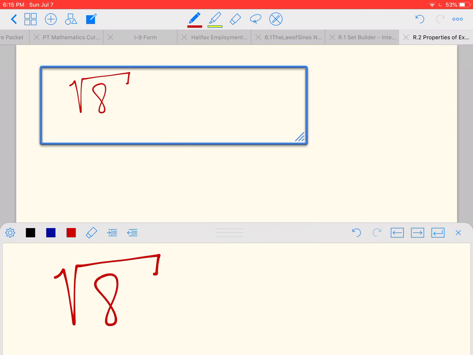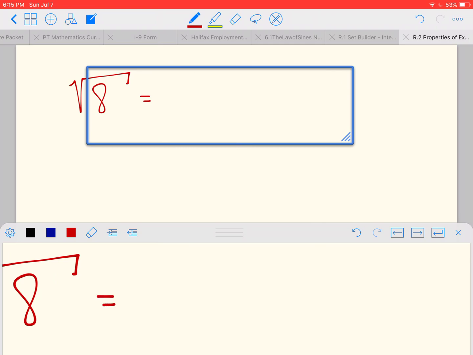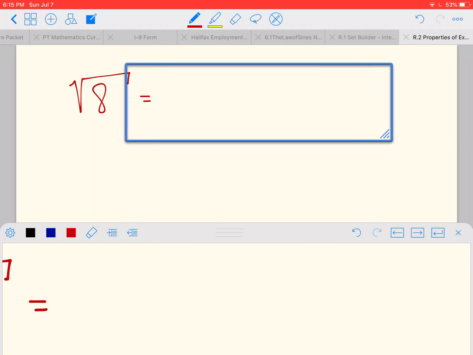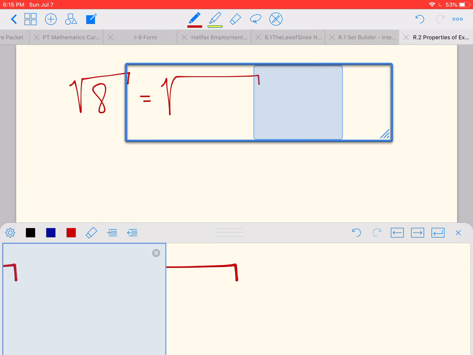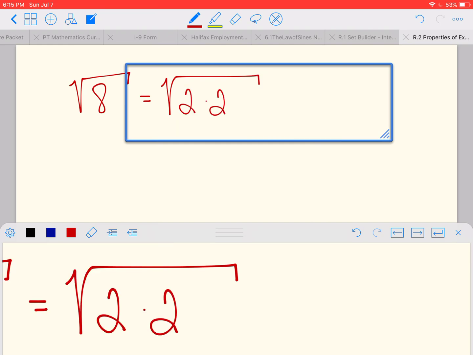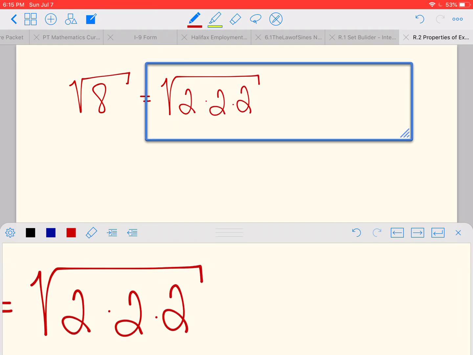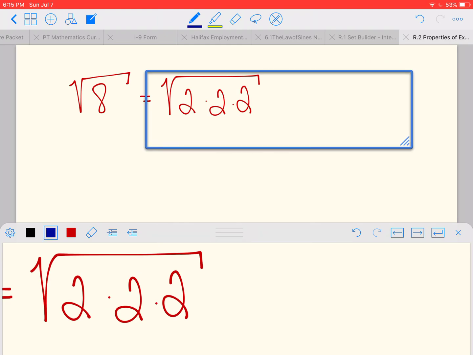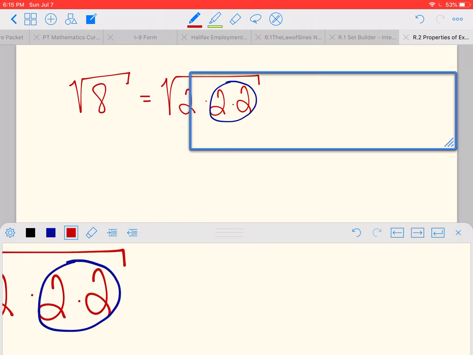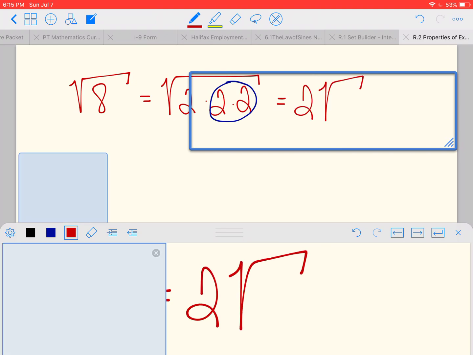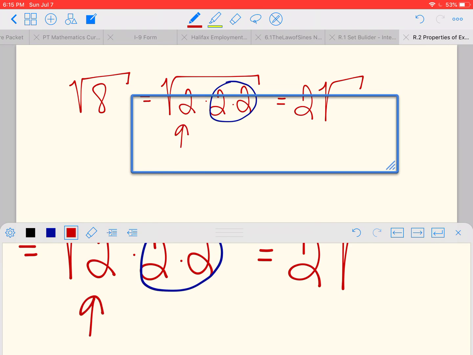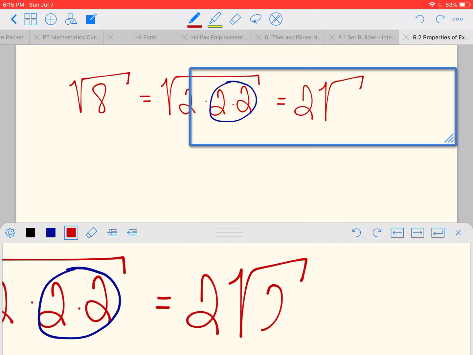So here, 8 is 2 times 2 times 2. So we've got the square root of 2 times 2 times 2. Since it's a square root, we need a group of 2. So that group of 2 comes out as a 2, and the 2 under the radical stays under the radical. Okay? I just wanted to point that out.